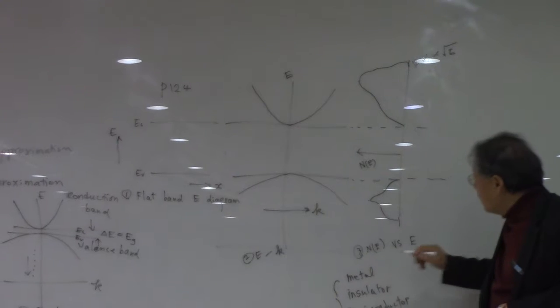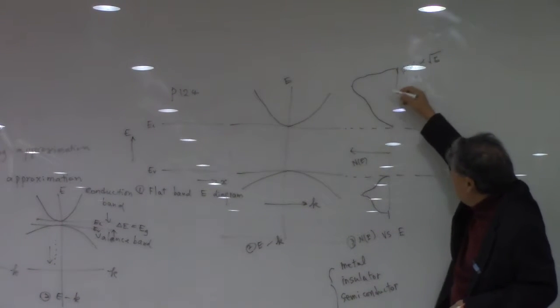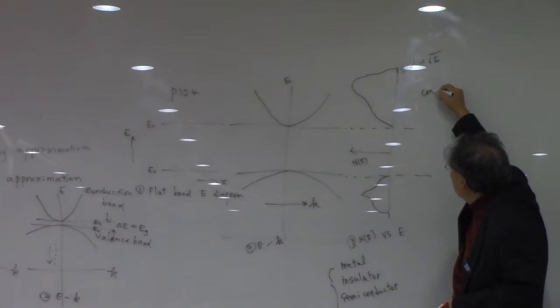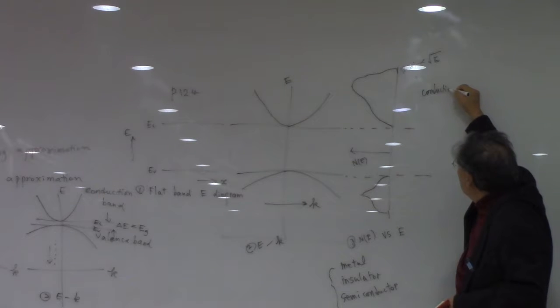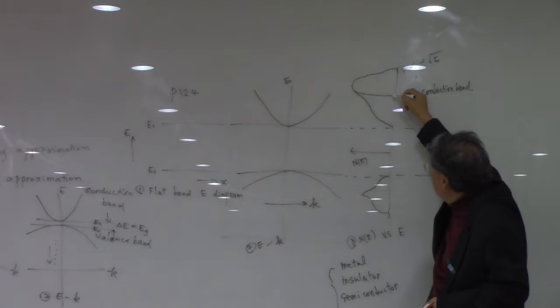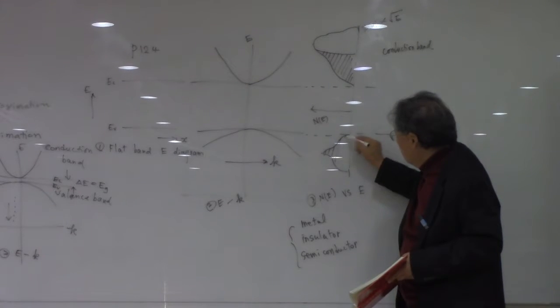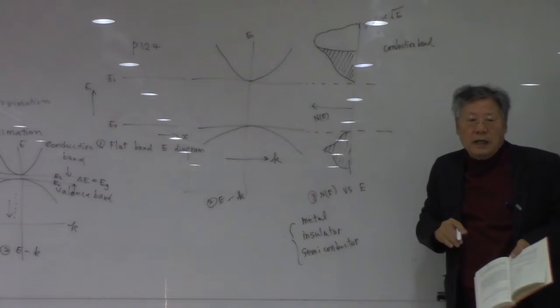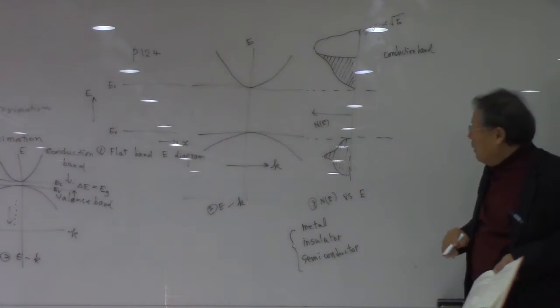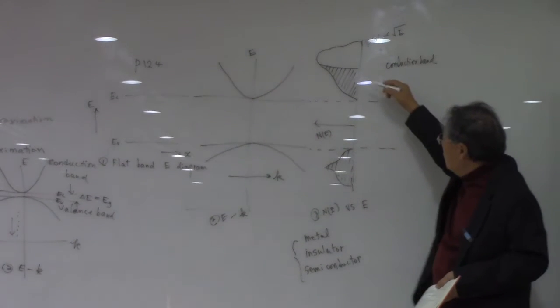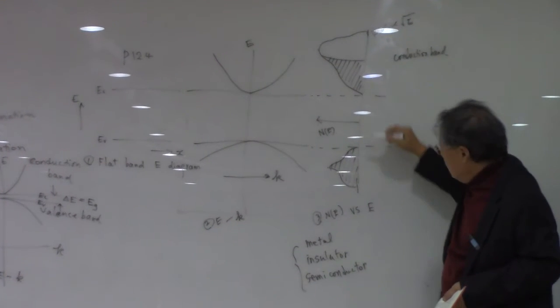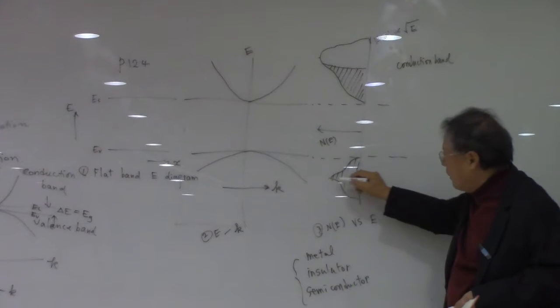And in metal case, this conduction band is partially filled with the electrons. So you can draw the electrons going to occupy something like this for the case for the metals. In the insulator case, we do not have this. It's just filled up to valence band.